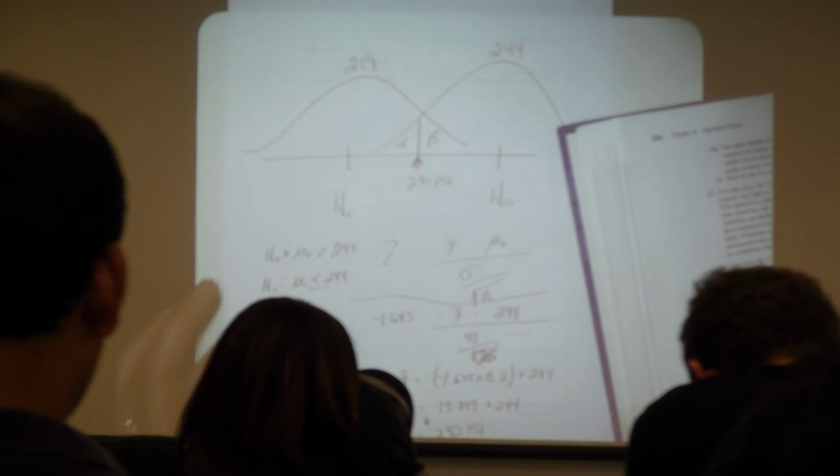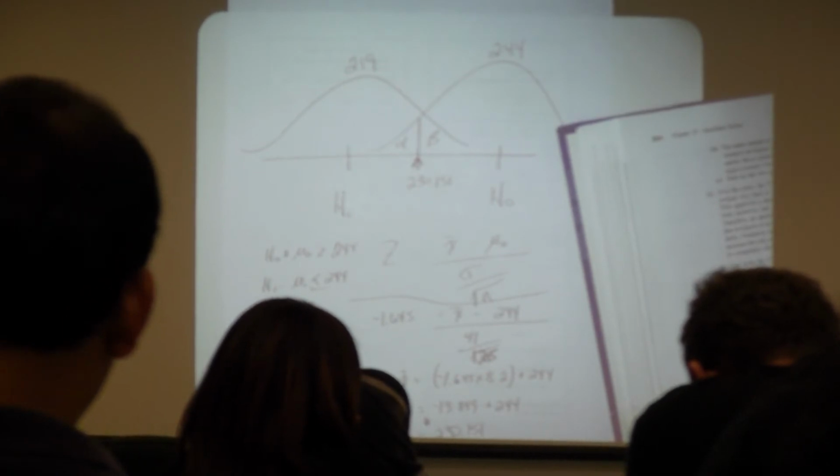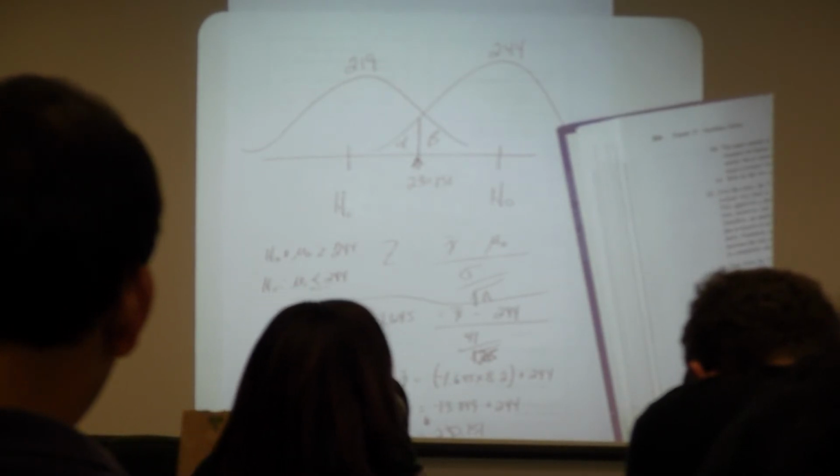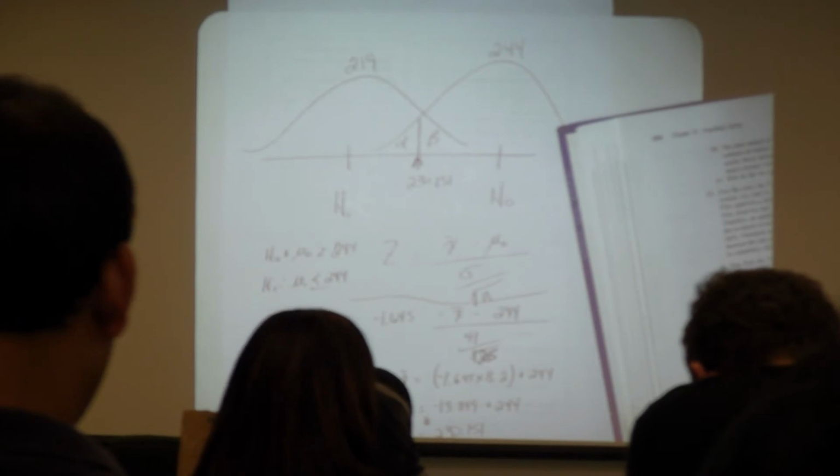So now you get this value of 230.151, and you have to figure out what kind of z that corresponds to.